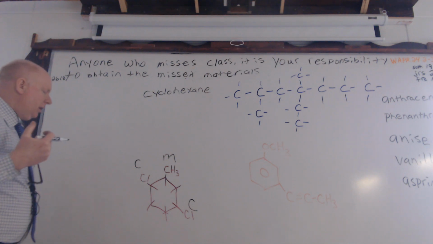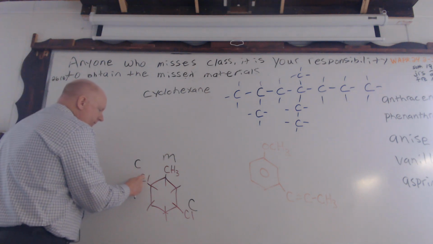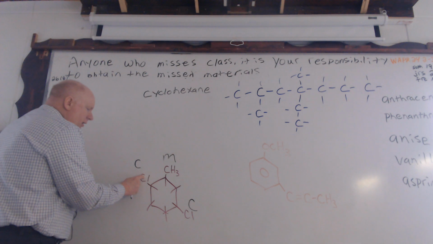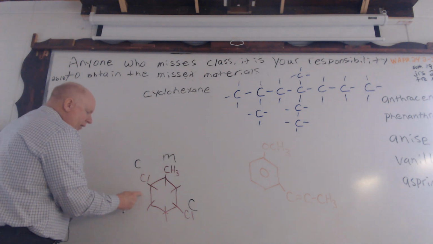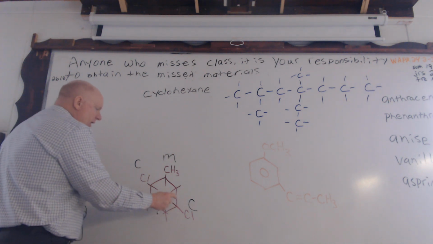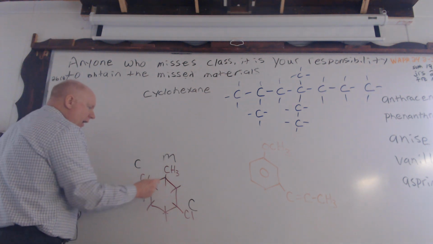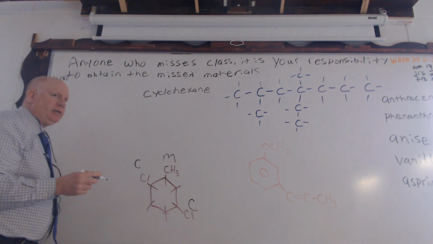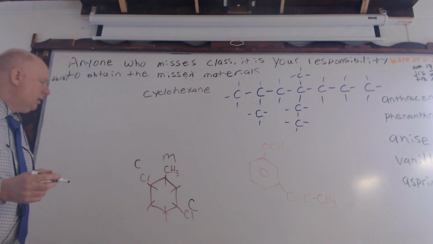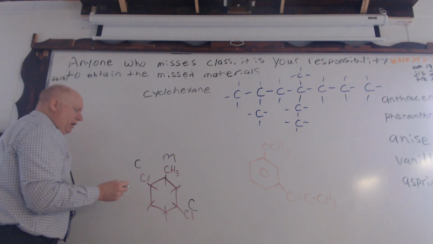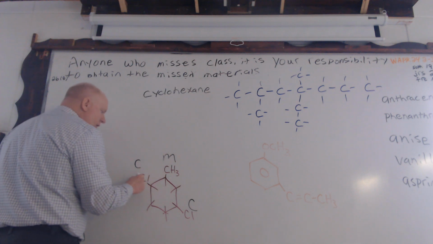So if we take this one, okay, chances are we know that we would not go counterclockwise because then you're going all the way from 1 to 4 to 5. Those are some pretty big numbers. So what happens if we pick this one and go clockwise?